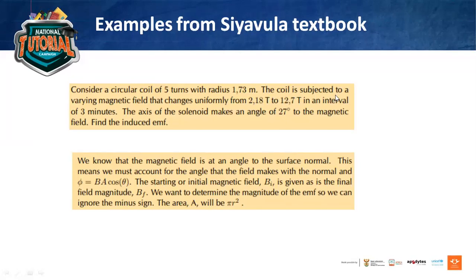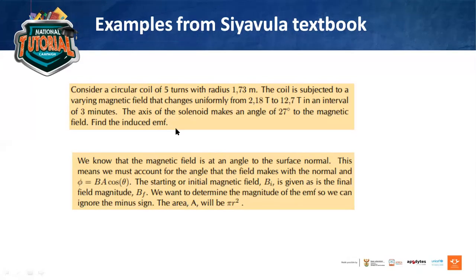The coil is subjected to a varying magnetic field that changes uniformly from 2.180 to 12.70 in an interval of 3 minutes. The axis of the solenoid makes an angle of 27 degrees to the magnetic field. Find the induced EMF.